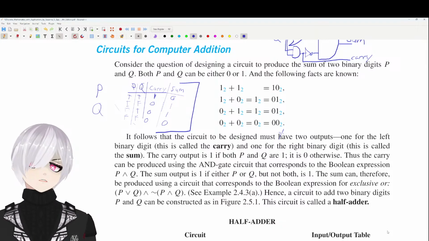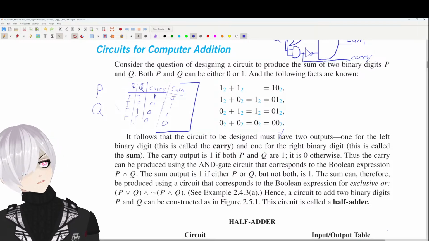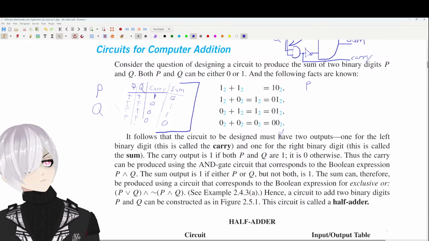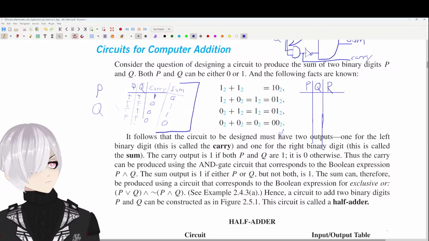Yeah, most likely. When dealing with binary, what if you had P, Q, and R? I guess, first of all, you would end up with eight possibilities.